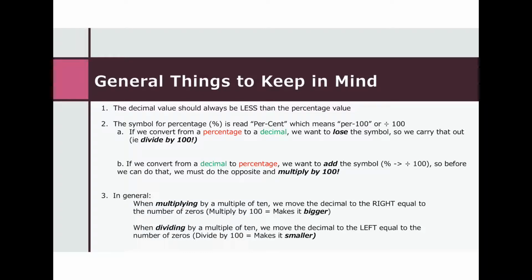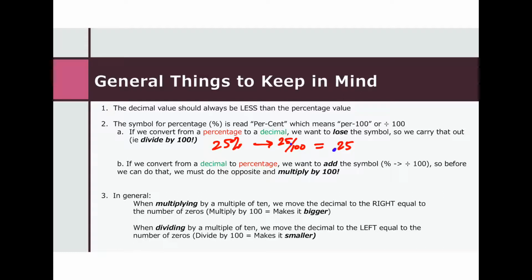In other words, if I had 25%, I want to lose this symbol, so I take 25 and divide it by 100, which is 0.25. It moves that decimal, which is after the 25, back 2 spots to its new place.